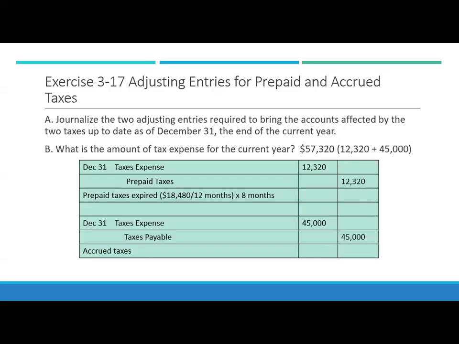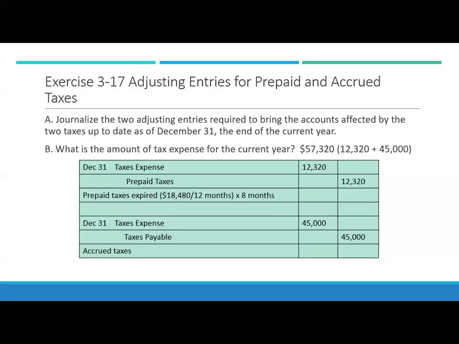So we have to find the monthly rate, how much the tax is monthly, divide it out over 12 months, and then multiply by 8 months, because that's the amount that was used up of this prepaid taxes. So we take 18,480 divided by 12 times 8, and we get $12,320 in taxes. And then the next 4 months will be recognized in the following year.